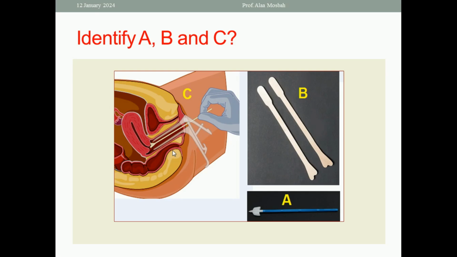Till the age of what? Till the age of 65, then we stop the screening program. So the screening program starts at the age of 21 and ends at the age of 65 years old.